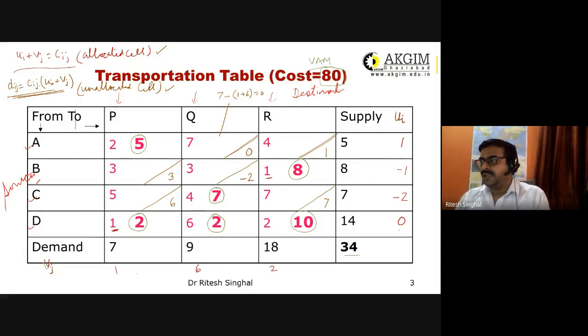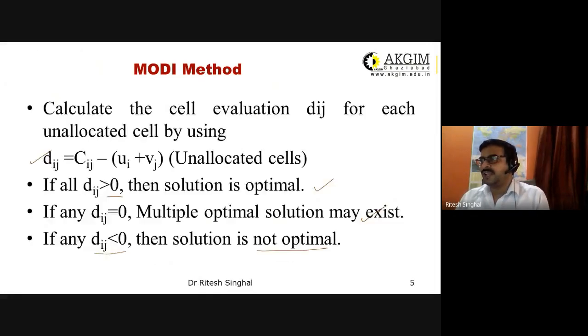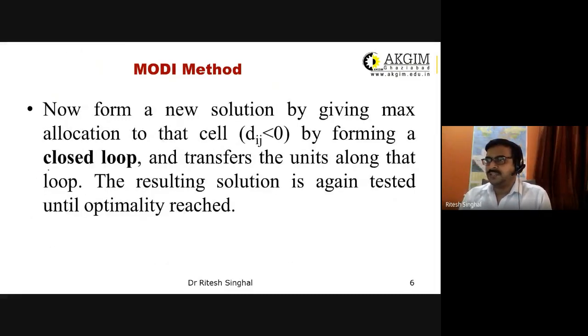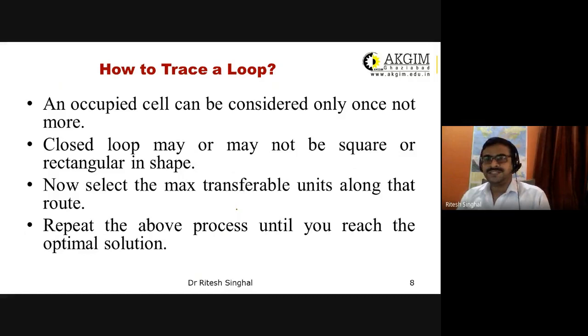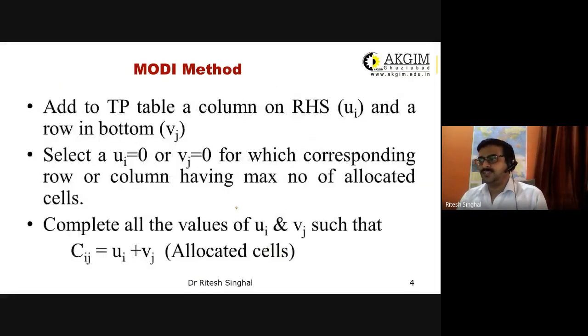To make it an optimal solution, we have to trace a loop. We have to trace a closed loop starting from the cell where Dij is negative. For making the loop, we have to jump to allocated cells and come back to the original cell where the Dij is negative. And along this loop tracing, we have to transfer the units to get the best solution.